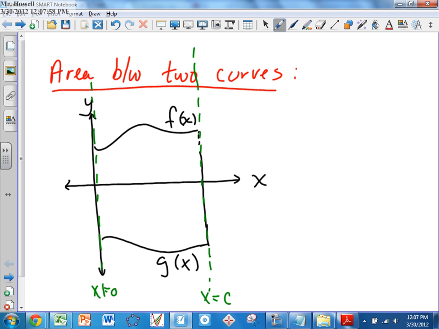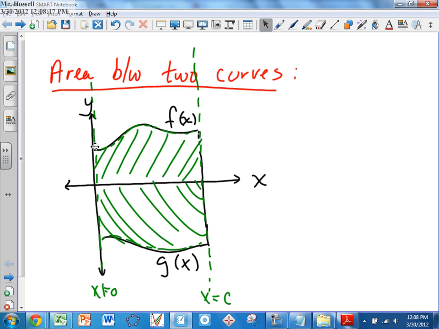The area between x equals 0, x equals c, with g of x as one of my boundaries and f of x as the other. So the four dashed lines where those intersect, that odd looking shape in here, I want the area of the whole thing. Okay, that's my quest for today.